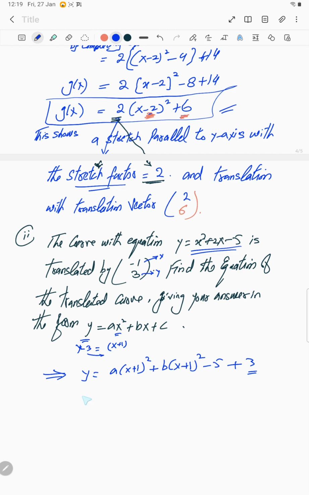Here I wrote this value. So y equal to a into (x plus 1) squared. A was 1 and b was 2, so I can write 2 here and 1 here, and c was minus 5, right?